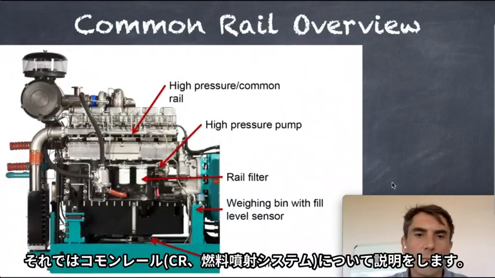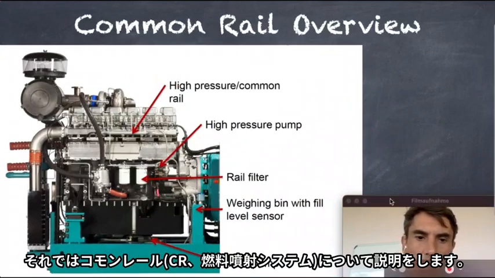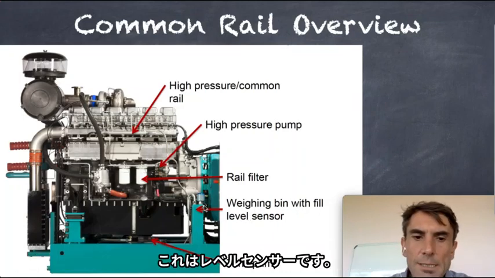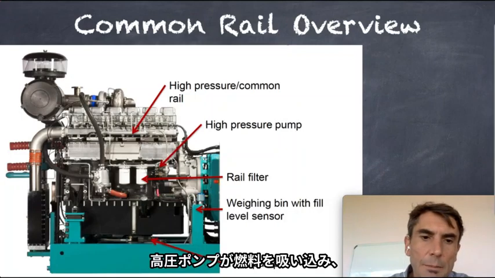Okay, so the common rail system as an overview quickly. We were talking about the fuel pump, the refilling pump is underneath here. We fill the tank here. It's a weighing bin, so the fuel pump unit tank with the level sensor. From the level sensor it goes up to the high pressure pump. The common rail high pressure pump is located here.